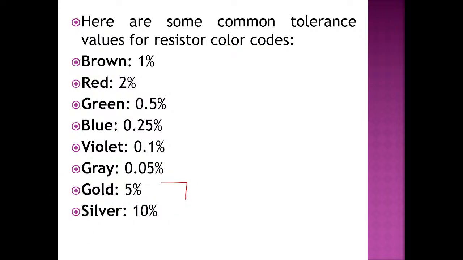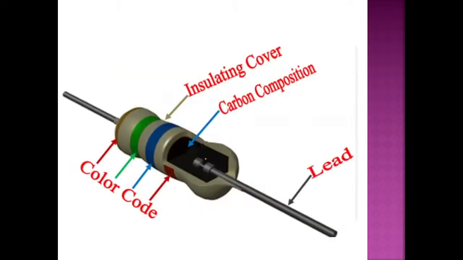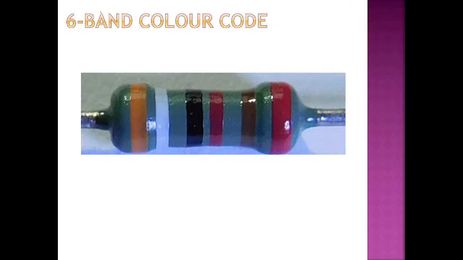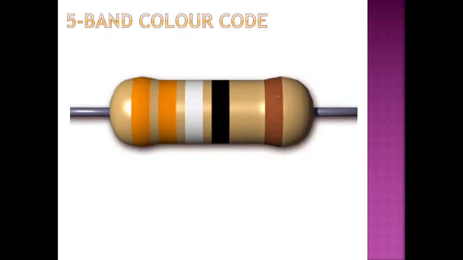But usually the tolerance band will be gold or silver in color. For high precision resistors, such as this six band color coded resistor, you can see the last band is red, and in the five band resistor you can see brown.